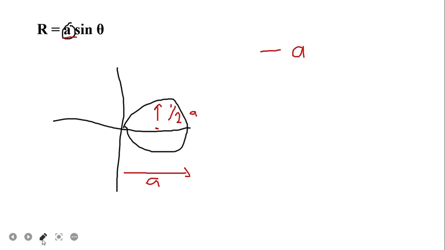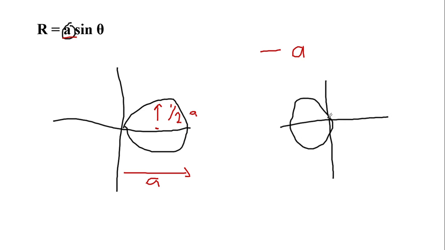If our a is negative, the circle will be on the left side. Let's consider it a perfect circle. And then this point is our center. Then this will be the half of a.